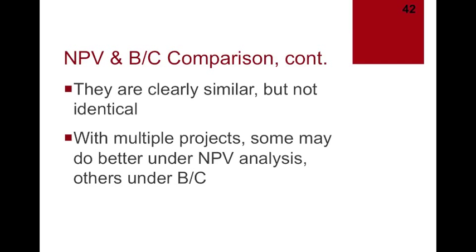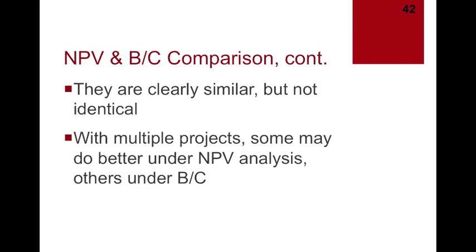With multiple projects, some may do better on the net present value analysis, some do better on the benefit cost ratio. And that's because when you use the benefit cost ratio, it doesn't take in the initial capital cost at time period 0, and that is why you tend to get slightly different results.